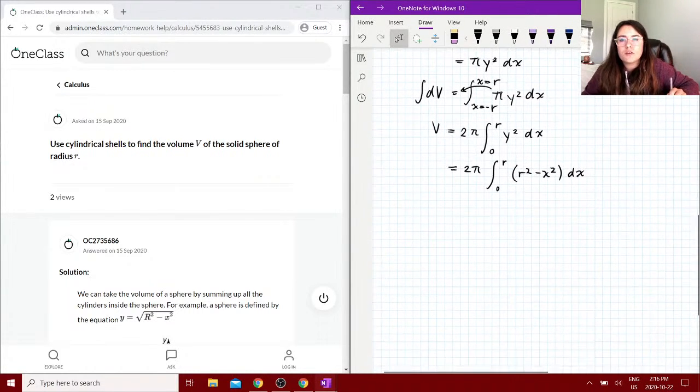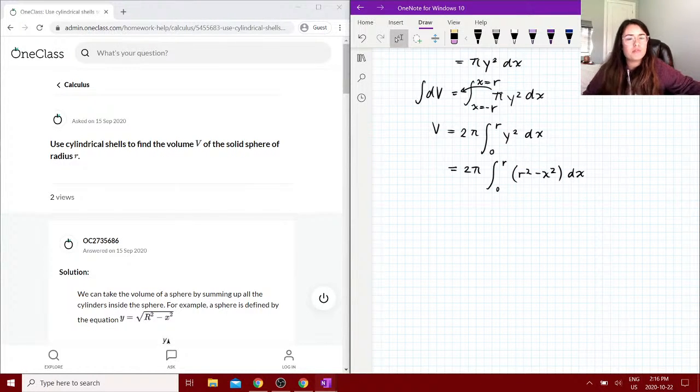Alright, so now we're on to integration. I'm going to be using a couple of integration rules that probably came up or you have learned before, some things that you usually just have to memorize. So we're starting with r squared.